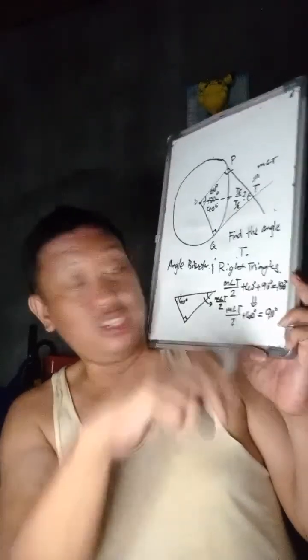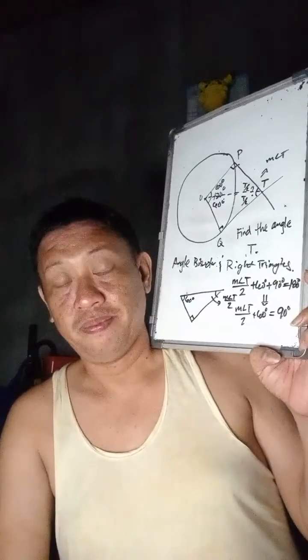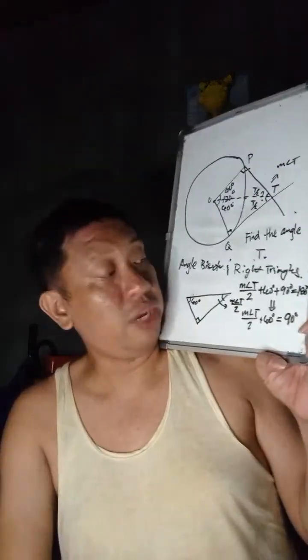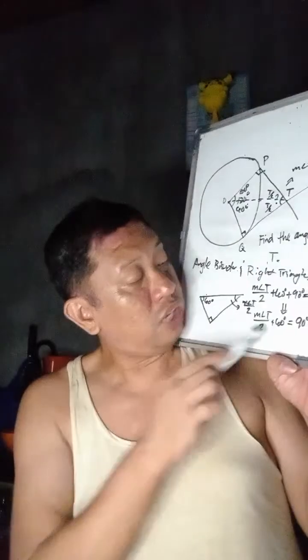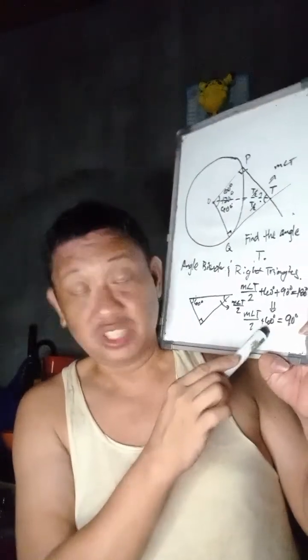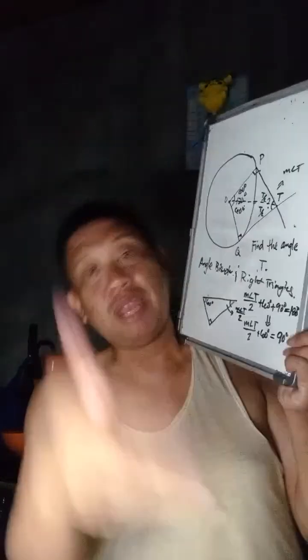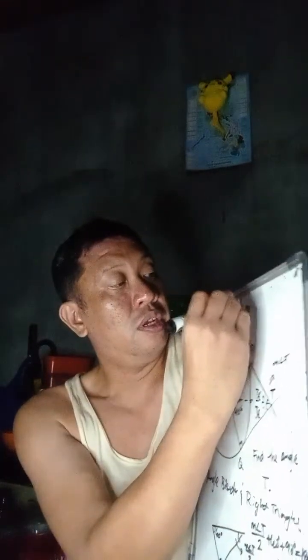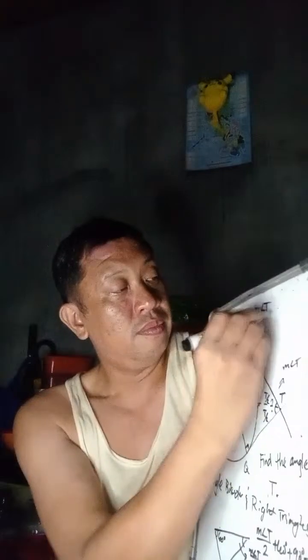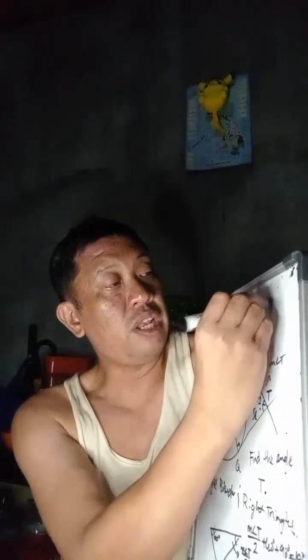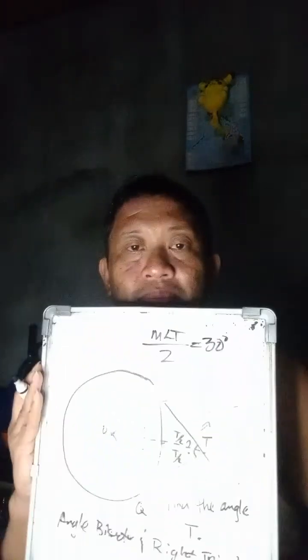So, the complementary side can also work here. Now, what else do we have to do here? So, we need to isolate the measurement of angle T. We still have a 60 here, so we can transpose it to 90. So, that will be 90 minus 60, you will get 30 degrees. So, the measurement of angle T over 2 will become 30 degrees.